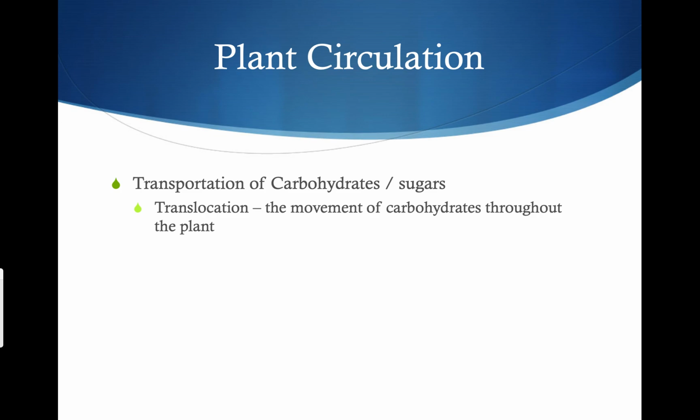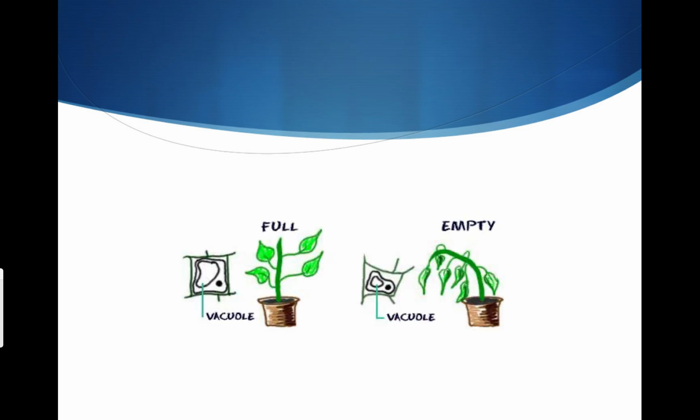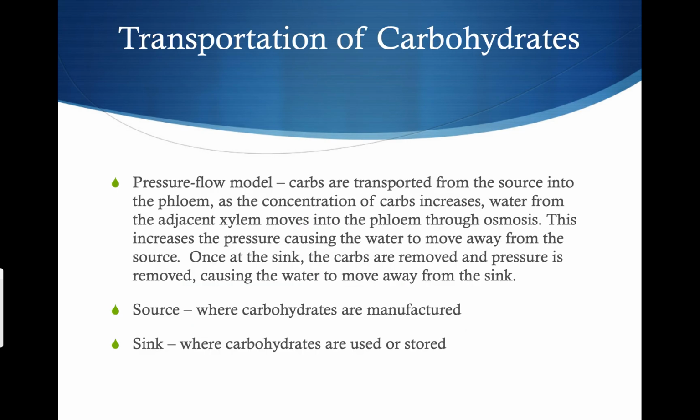Stored energy. Now I want you to understand there are two very important terms: the source and the sink. The source would be the leaf, where the carbohydrate is manufactured in photosynthesis. The sink is where the carbohydrate is either used or stored.